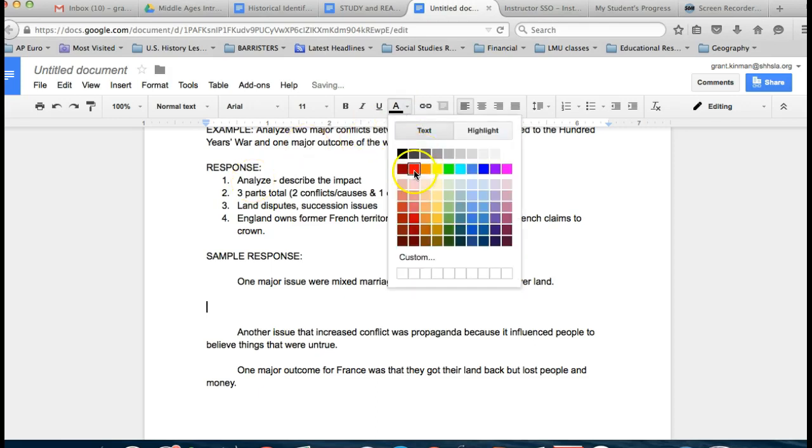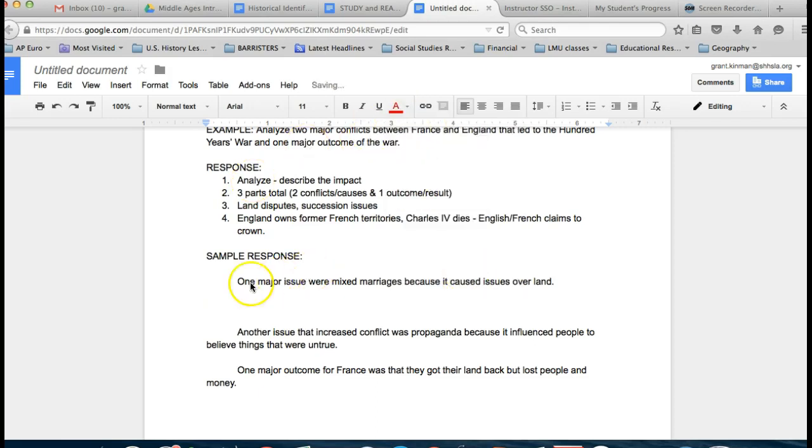paragraph together. So I'm going to do analysis in red. So we got to think, okay, one major issue were mixed marriages because it caused issues over land. We have to explain that. We have to analyze and we can use our information.